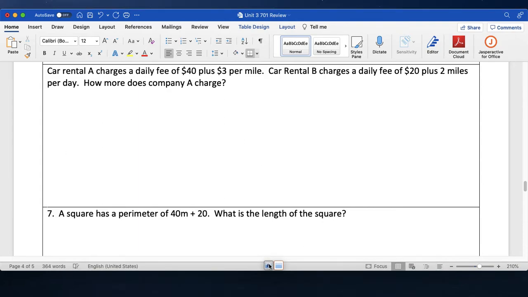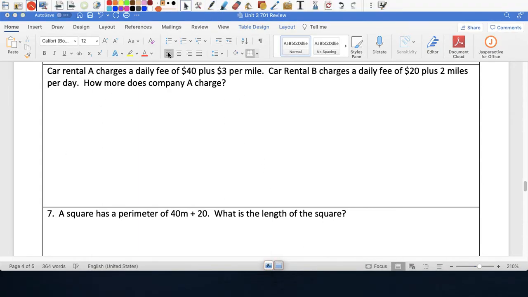A car rental A, they charged $40 plus $3 per mile. So 40 plus 3M, $3 per mile.